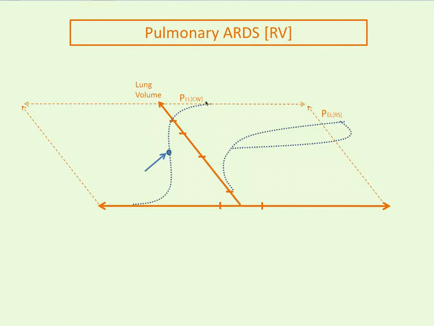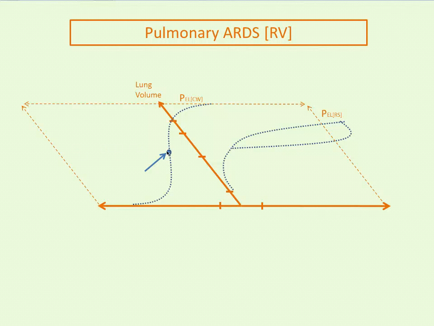The chest wall elastance curve remains the same slope. I've removed the pulmonary elastance curve from this diagram for simplicity, but because this is pulmonary ARDS, the pulmonary elastance curve is going to shift down and to the left. So it would begin here at its equilibrium volume and then bend out in this direction here.